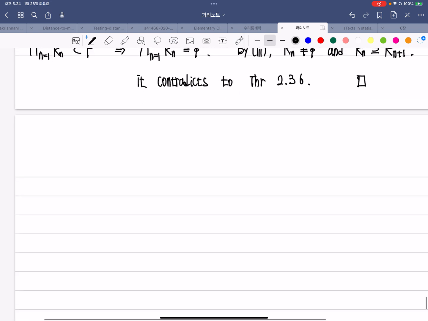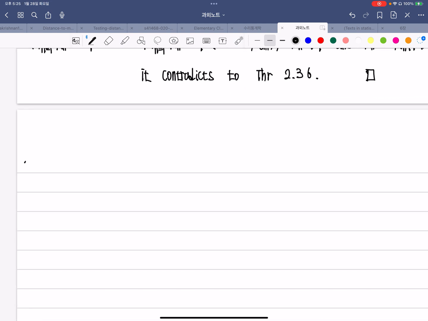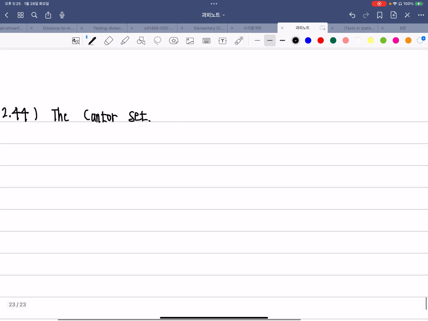But 2.44, the Cantor set. The Cantor set is an amazing set which has nice properties, which is contained in the closed interval 0 to 1.